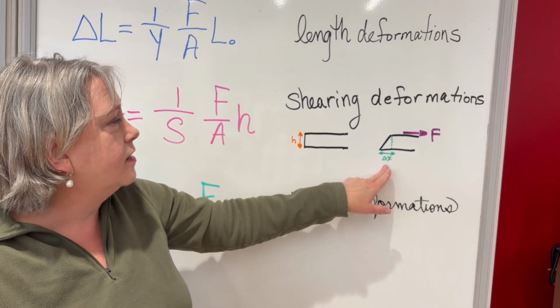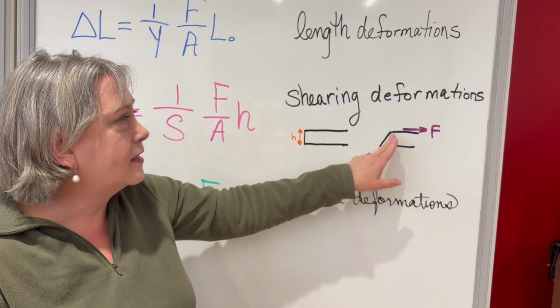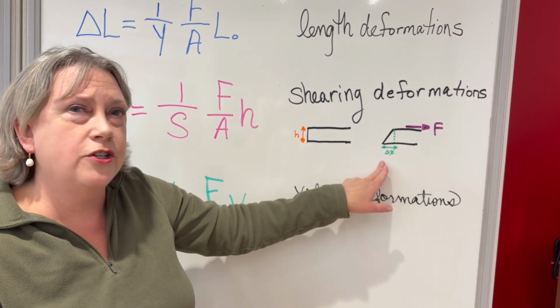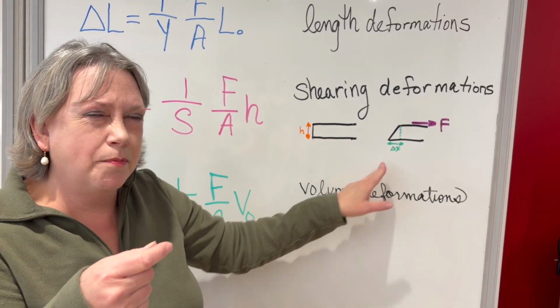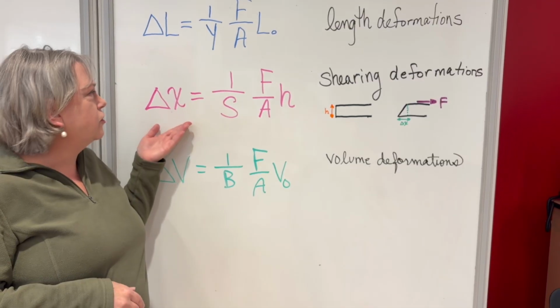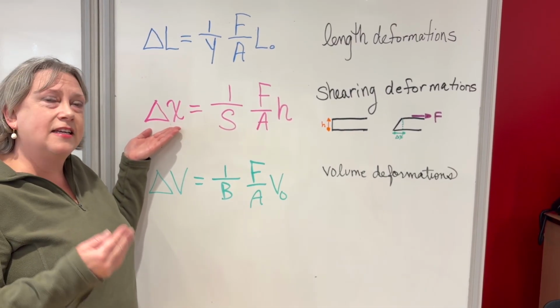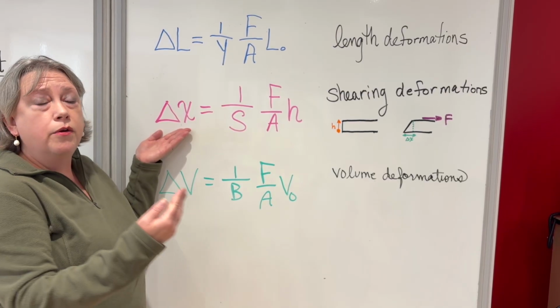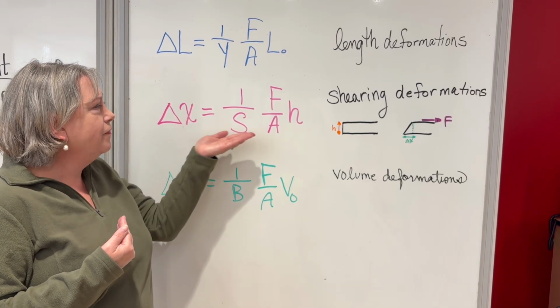So this delta X here is how much the top cover has been displaced from its original position. So it's important to know what these are when it comes to putting it into the equation. So this delta X is how far the top has been displaced from its original location.